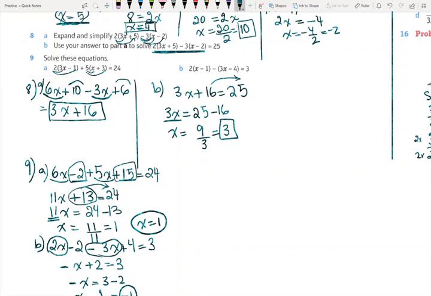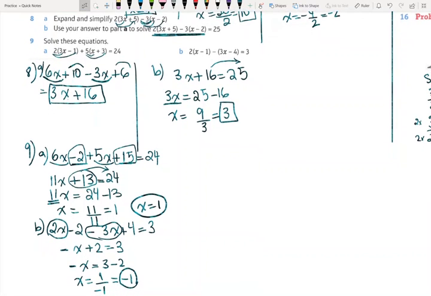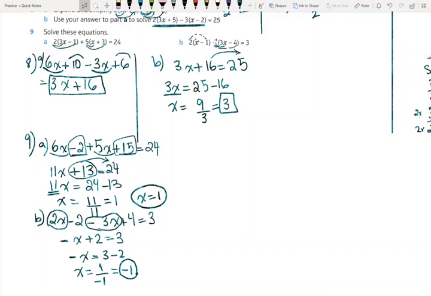Part B, we multiply 2 times x and then 2 times minus 1, then minus 1, here we have an invisible 1, so minus 1 times 3, then minus 1 times minus 4, keeping in mind that minus times minus is plus, therefore this is why we have a plus 4 here.